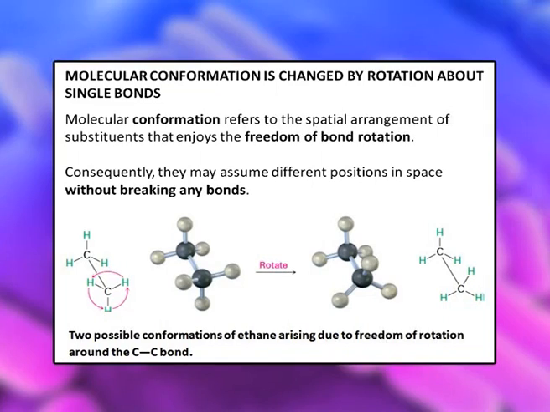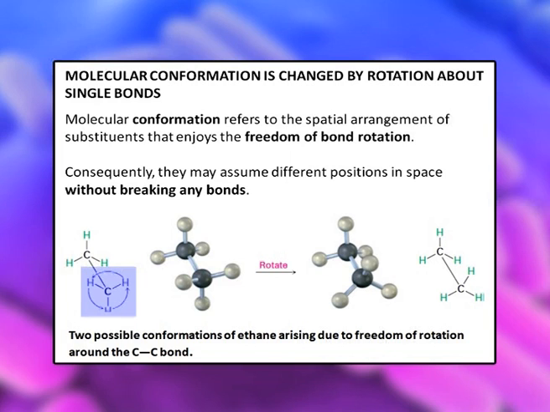Now, molecular conformation is a term that refers to the spatial arrangement of substituents that enjoy the freedom of bond rotation. Consequently, they may assume different positions in space without breaking any bond. Here, the example of ethane is shown.